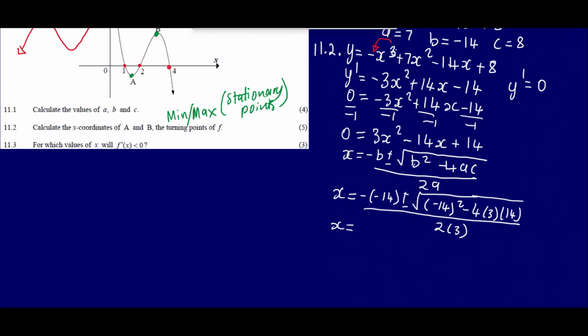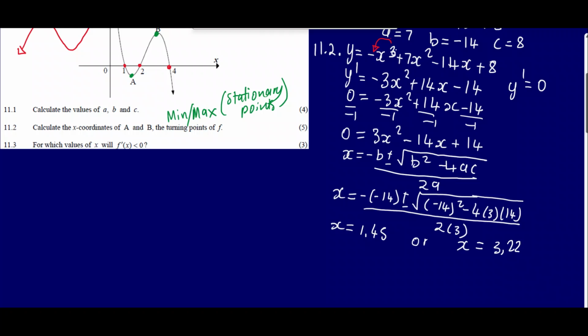So one of the x coordinates is going to be 1.45, and the other one is going to be 3.22.